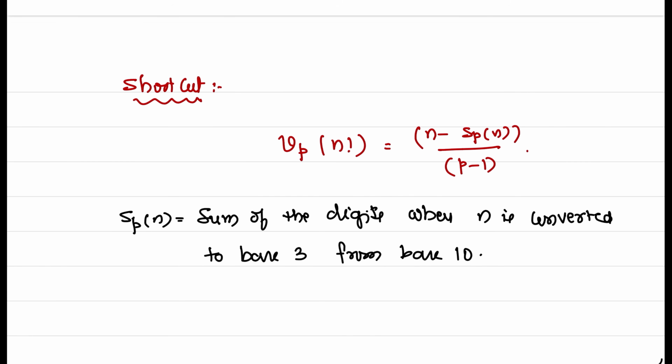We are using the decimal system. Usually that will be base 10. We will be converting that number into base 3. Then we take the sum of the digits. For example, how to convert a number into other base?